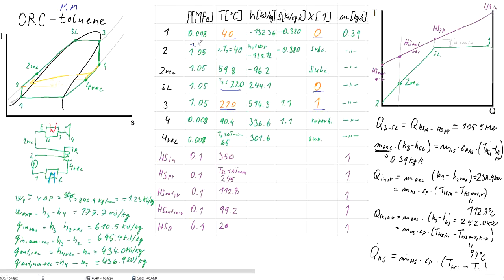So here is 1.3, and here is 0.011, same in here and here. Now let's have a look at the enthalpies.